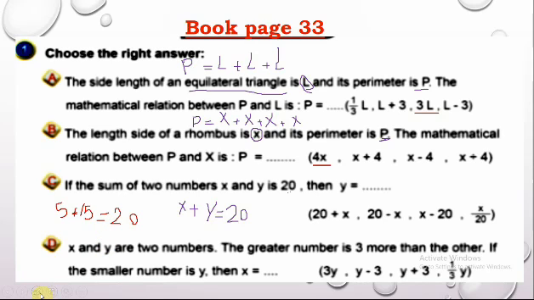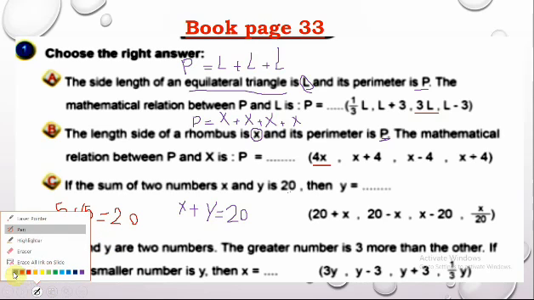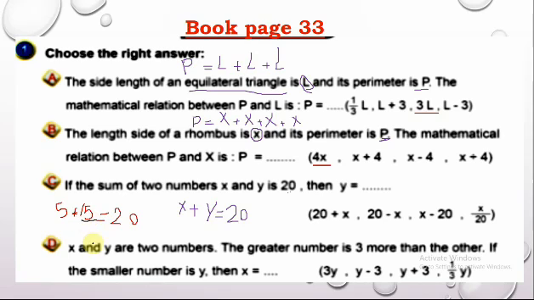Now we need what? We need the y. We need the second term. How to get the 15 if I am searching for it? 5 plus what will give me 20? 5 plus 15. From where? What did we do? We made a subtraction between the 20 and the 5.